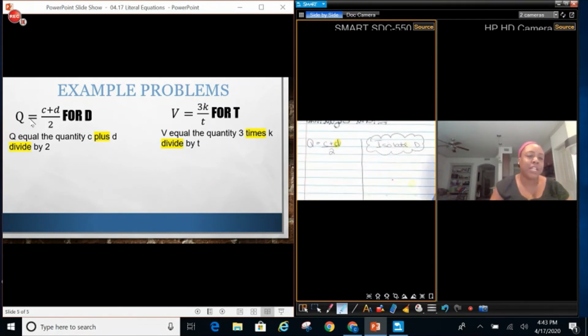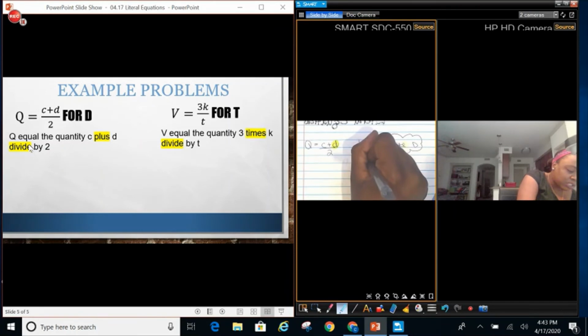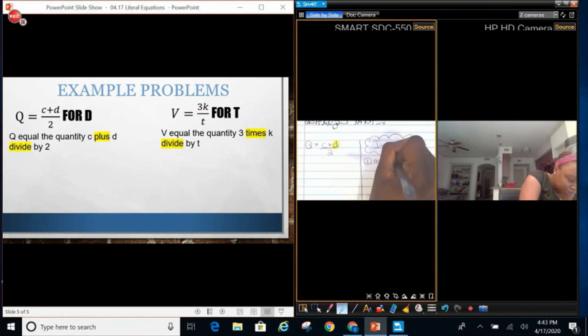Now, what ends up happening is I have Q equals the quantity of C plus D divided by 2. So in order to undo this, I need to get rid of this dividing by 2 first. So I'm going to multiply each side by 2.